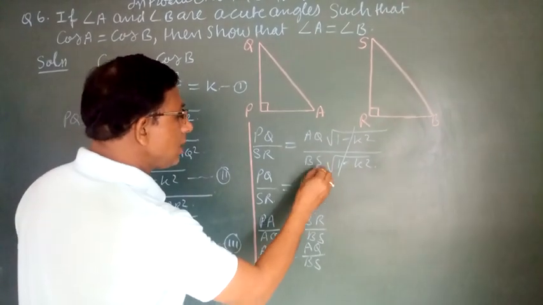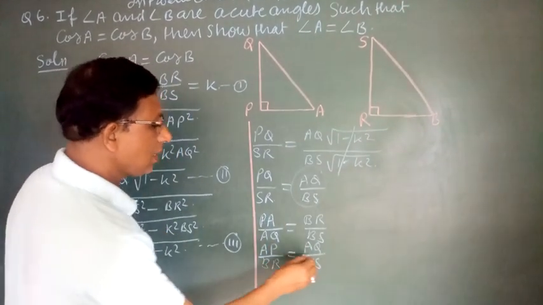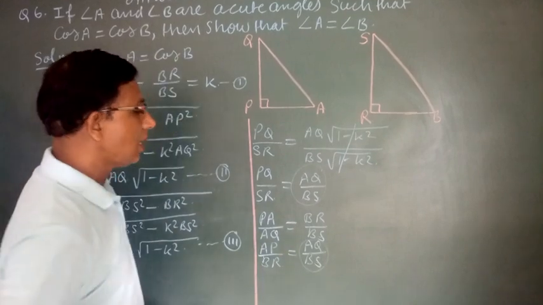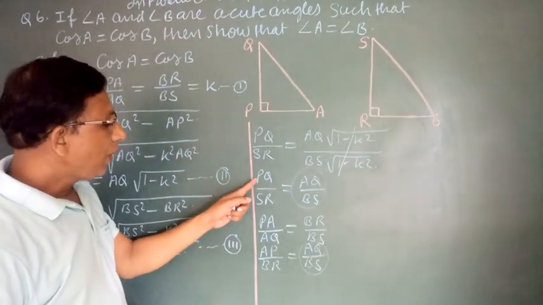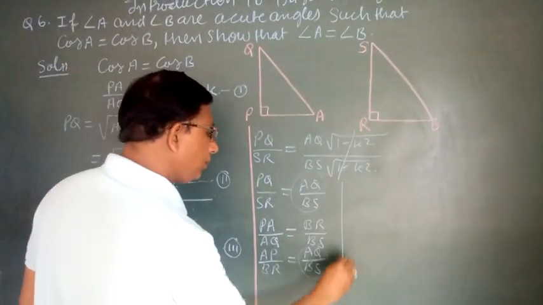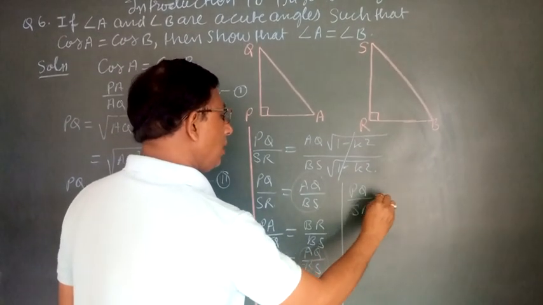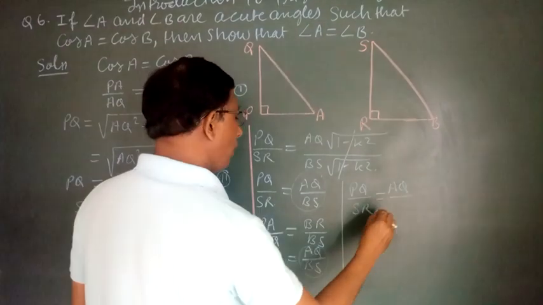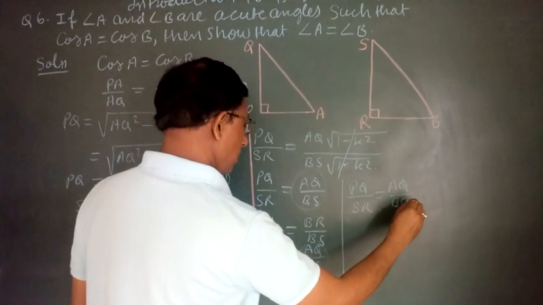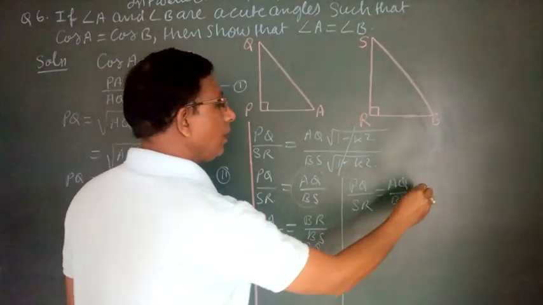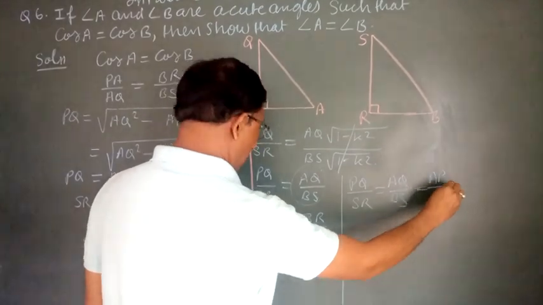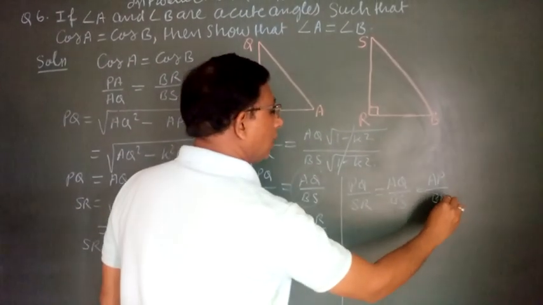Here this AQ upon BS and AQ upon BS are equal, hence we have PQ upon SR is equal to AQ upon BS is equal to AP upon BR.